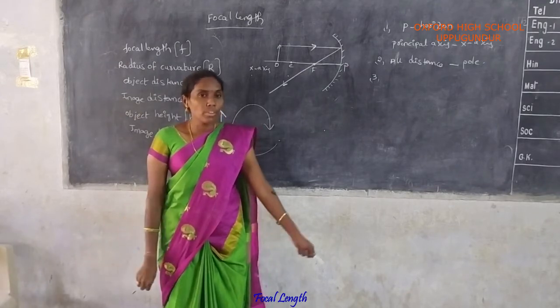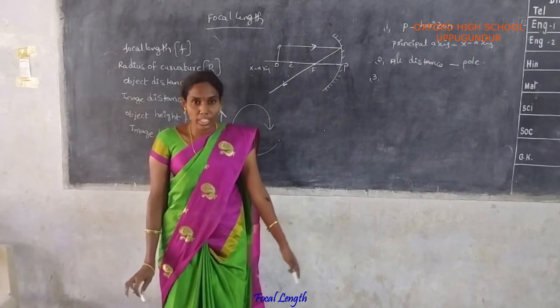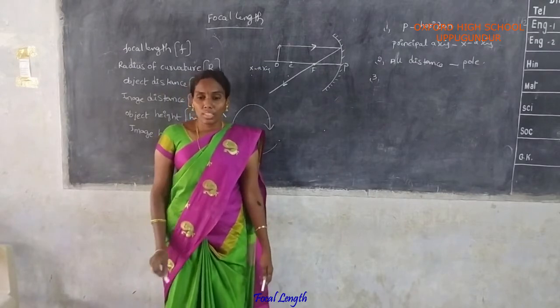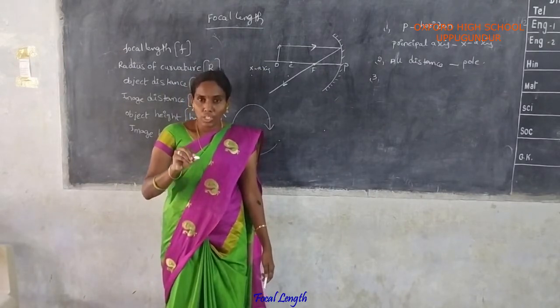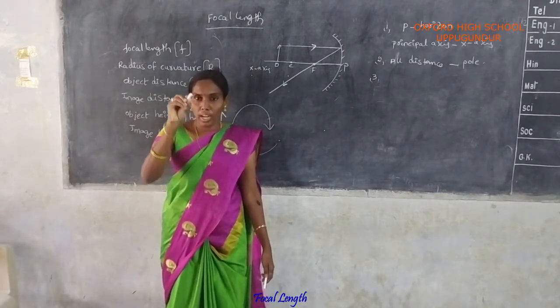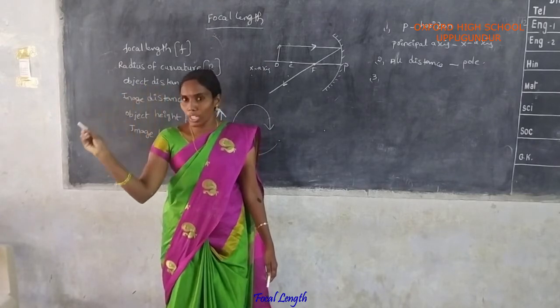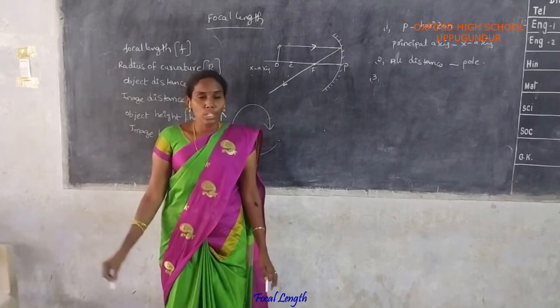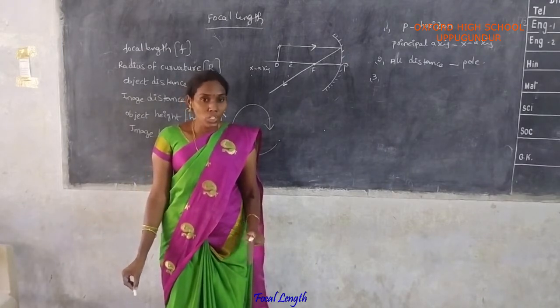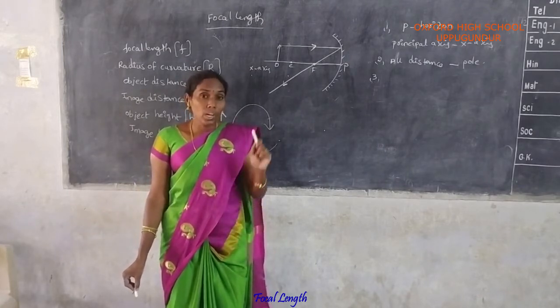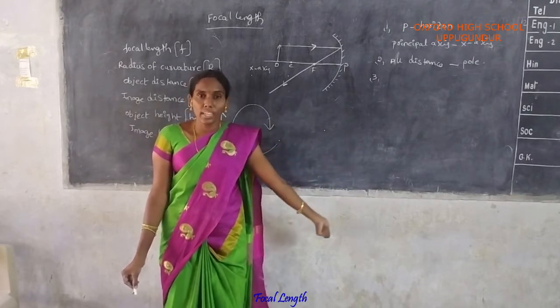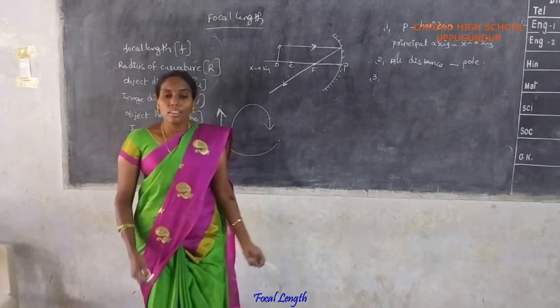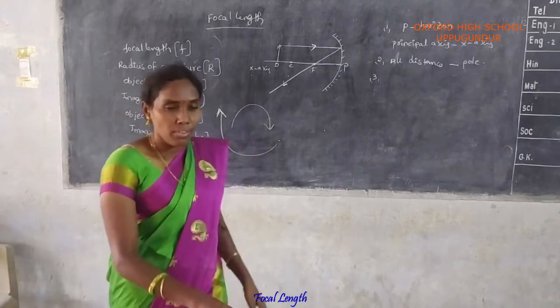Angles measured from the pole in the anti-clockwise direction should be taken as positive. These are the sign conventions for a given mirror.